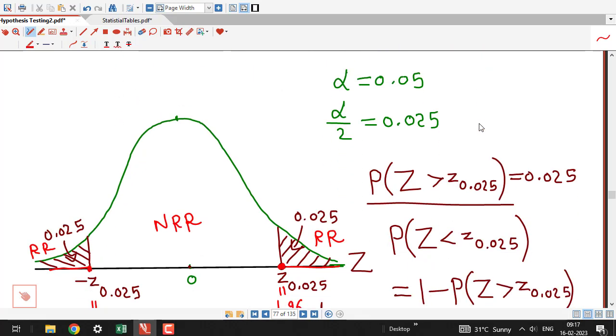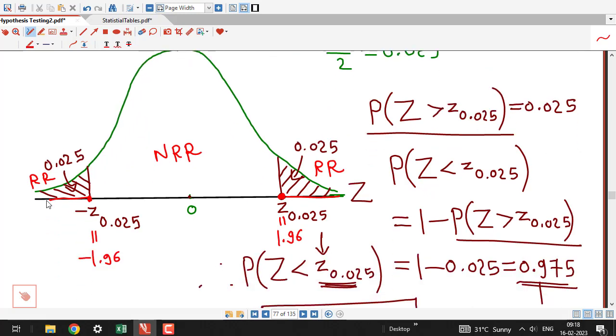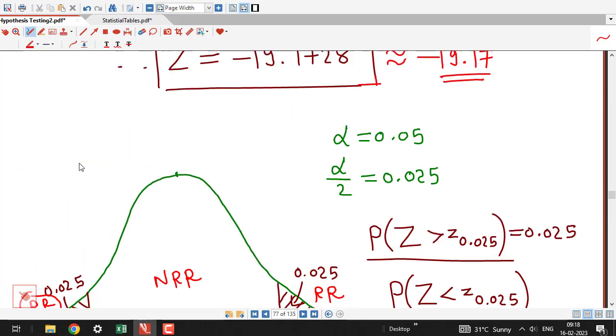Minus 19.17 is obviously to the left of minus 1.96. So the calculated value of the test statistic is less than minus 1.96. That is, we are in the rejection region and therefore we reject the null hypothesis.